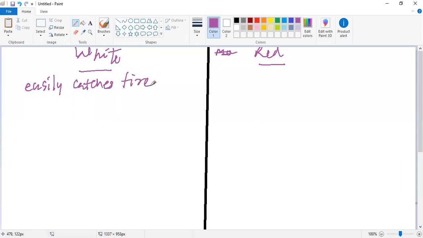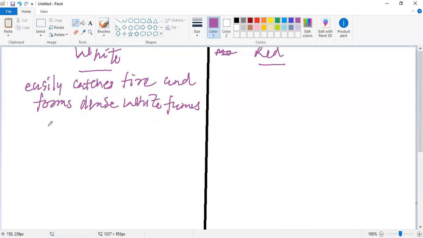This white phosphorus easily catches fire and forms dense white fumes. Right? Phosphorus easily catches fire and forms dense white fumes, my dear students.